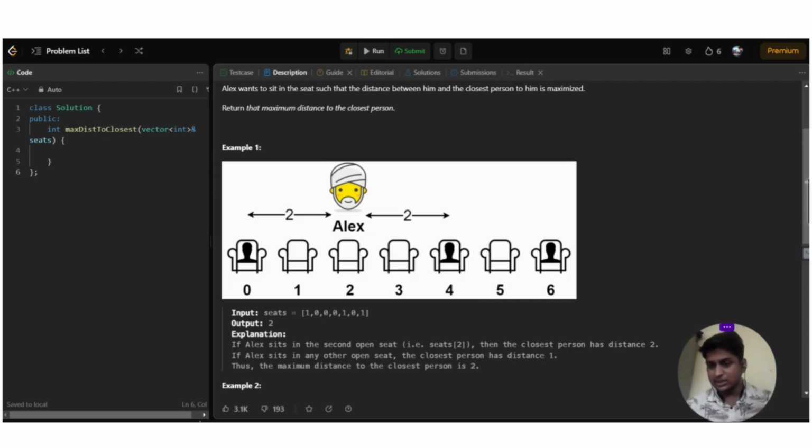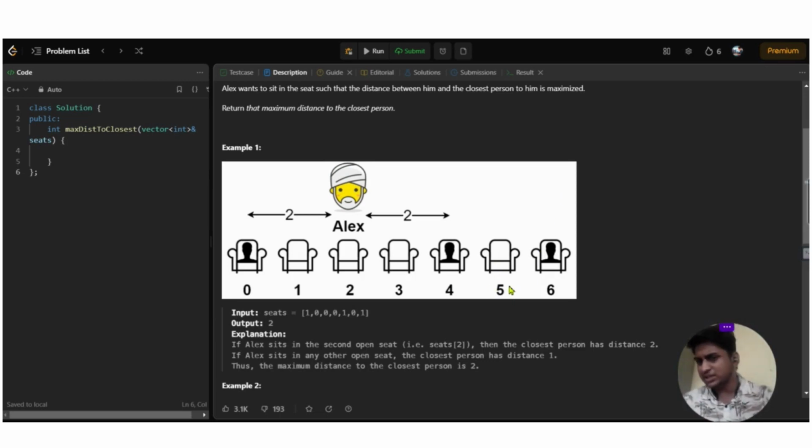If Alex sits at the fifth index, the closest person to Alex will be either 6 or 4. Both of them are equally close to Alex. So what will be the distance to the closest person? Index 6 is one step away from Alex, and index 4 is one step away from Alex. So both have an equal distance of one step, and the distance between Alex and the closest person will be 1.